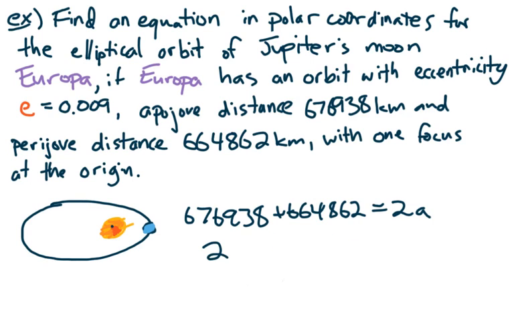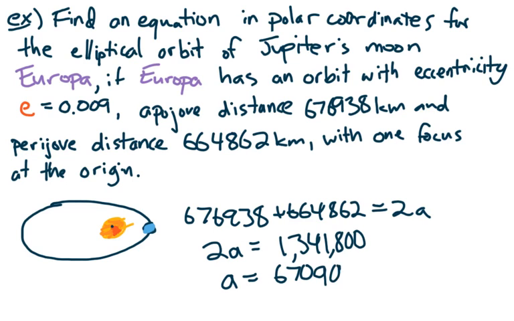This tells us then that 2a is going to be 1,341,800. So to get a, we once again just divide by 2. 670,900.